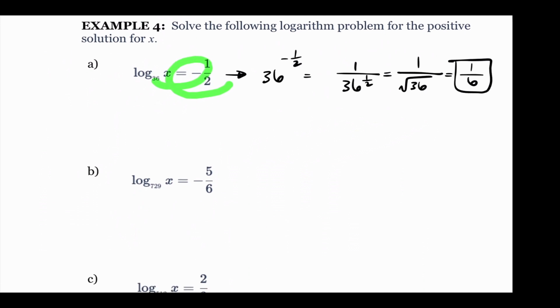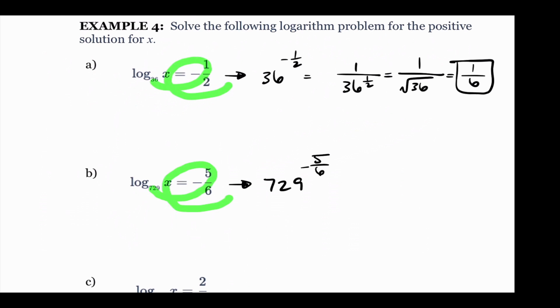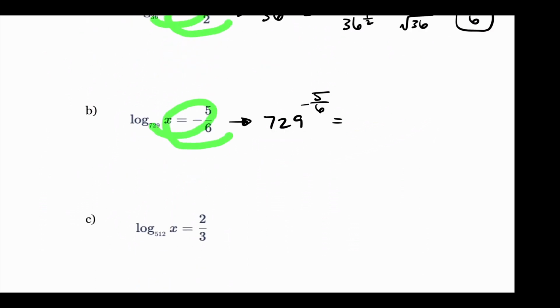Okay. All right, next one. 729. So we have 729 to the -5/6 power. Again, negative power means move it to the bottom.